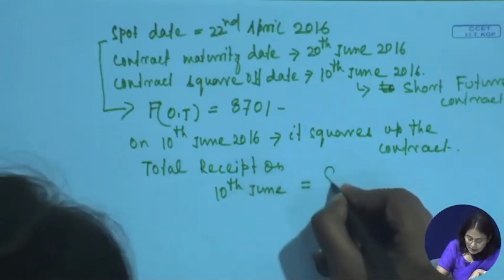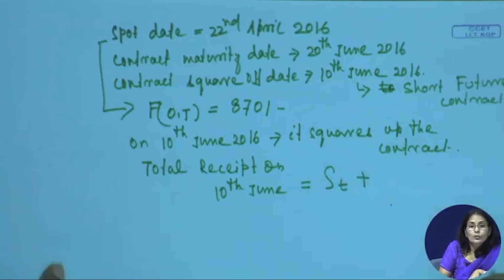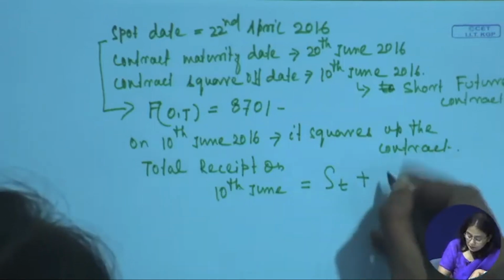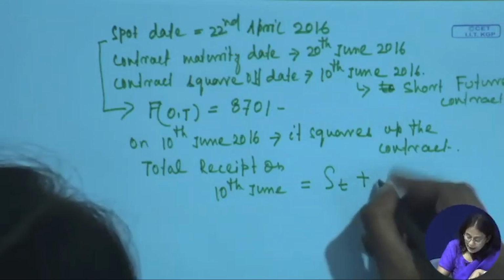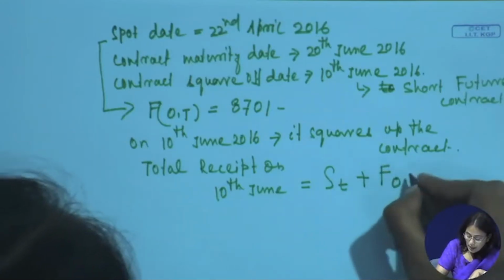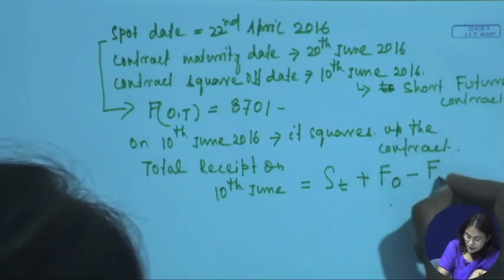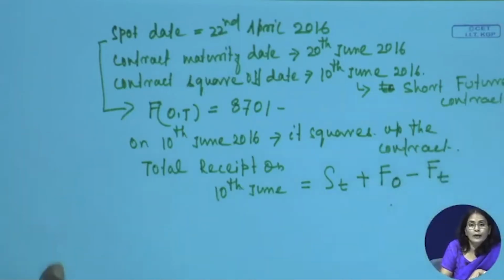Let's name it as ST. It had also agreed to receive F0, and when it is squaring up its contract, it has agreed to pay FT.